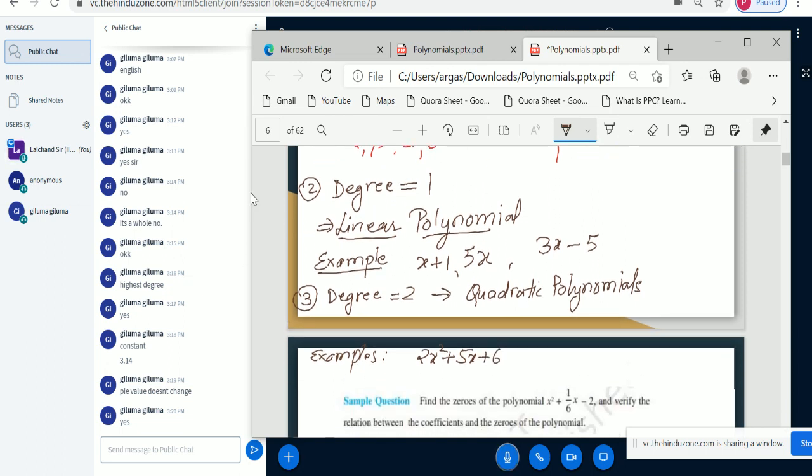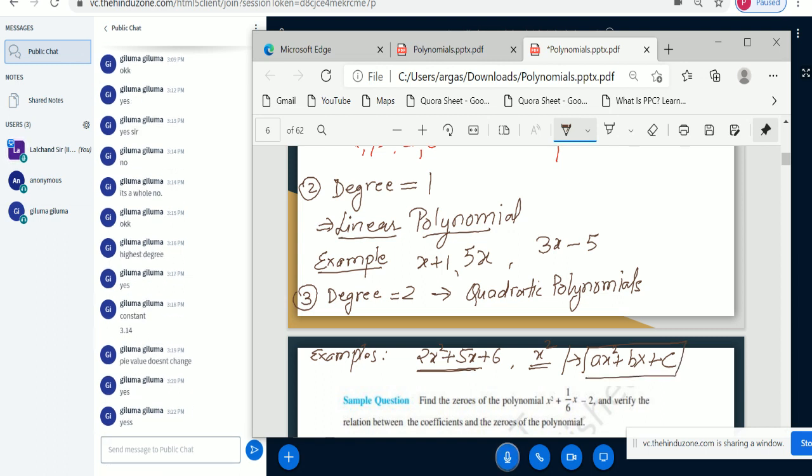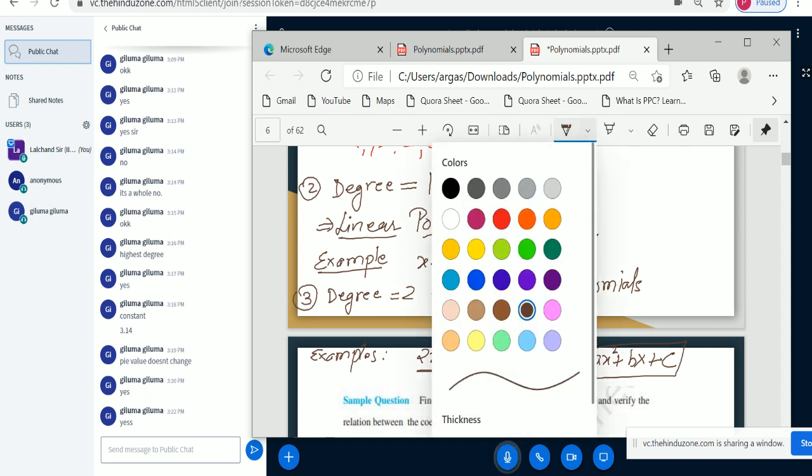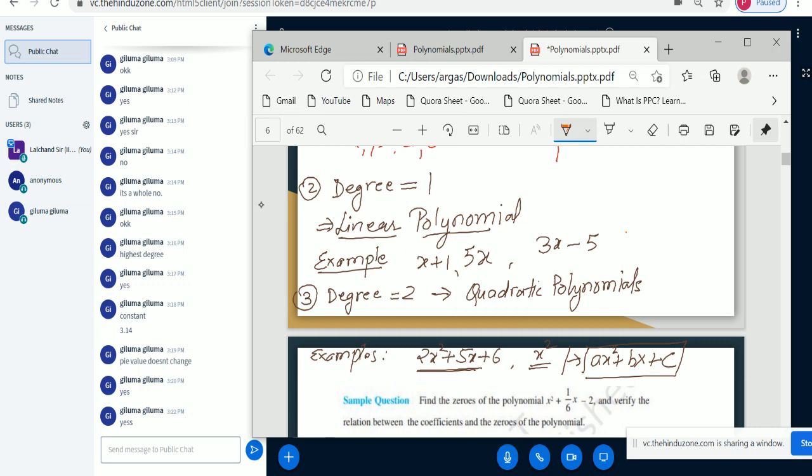Okay, if I write a single term like x square, this is also a quadratic polynomial. If I write the general shape for a quadratic polynomial, this is something like ax square plus bx plus c. Are you getting this general shape? Okay, if I write the general form for a linear polynomial, then this is something like ax plus b.